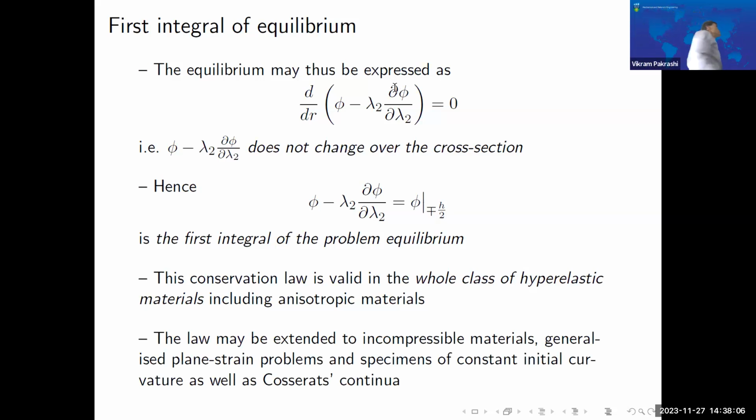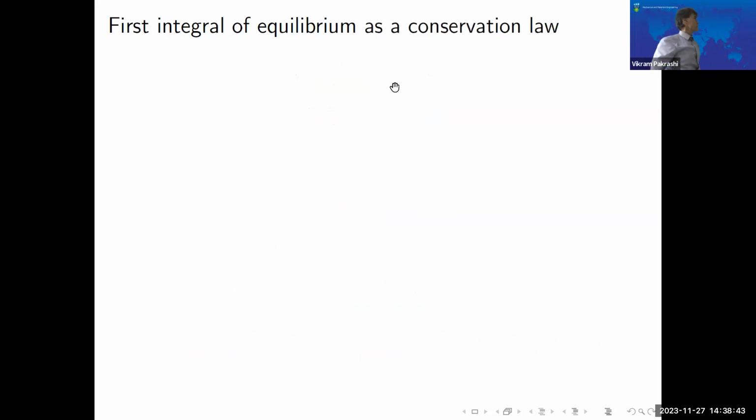This law here may be extended to generalized plane strain problems, in which case we don't have the lateral strain, which is prevented as it is here. And I forgot to say that it's a plane strain problem here that we are considering. But it can be applied in a unique manner, that's called generalized plane strain. It can be applied to the problems of constant initial curvature. It can be applied to the precise material that I mentioned at the beginning. All of this is possible within this framework.